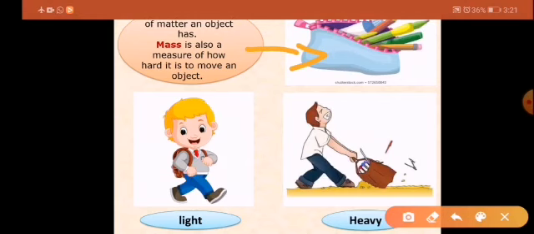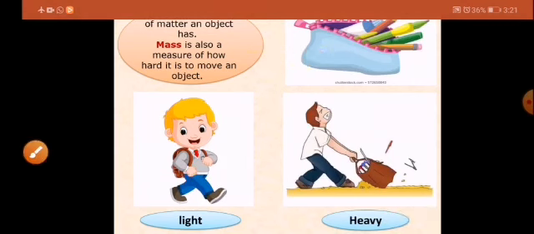So I will open my pencil case and look inside to see the amount of pencils inside it. After that, I will know the amount of matter inside it, and I will know the mass of my pencil case. If it contains many pencils, it will be heavy. But if it contains one or two pencils, it will be light.